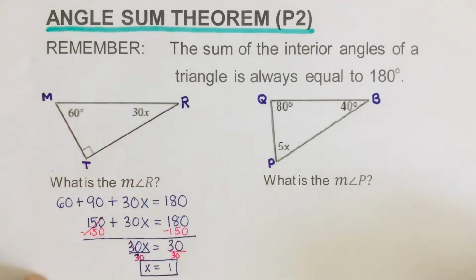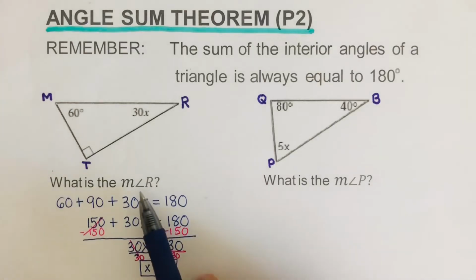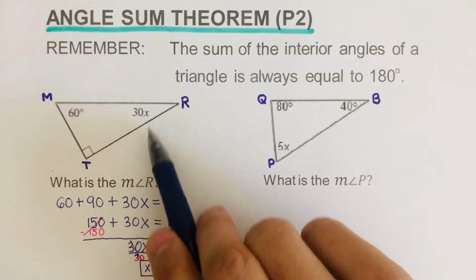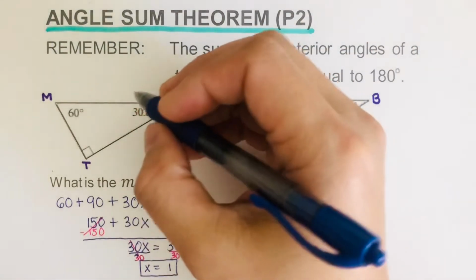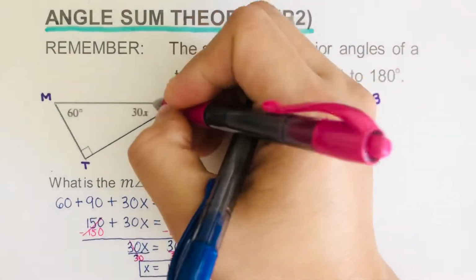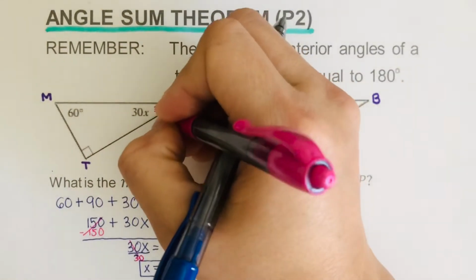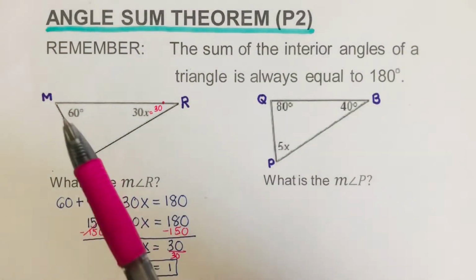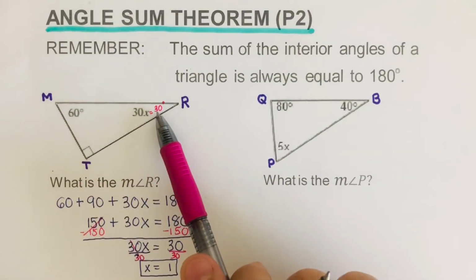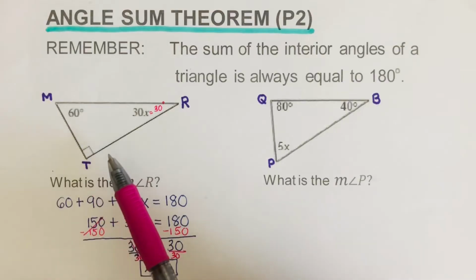So this is our x value. Now, we are looking for the measure of angle R. So we plug the x into 30x. 30 times 1 is 30. So this corner right here is actually 30 degrees. And that makes sense because if you add 60 plus 30 plus 90, it's 180.